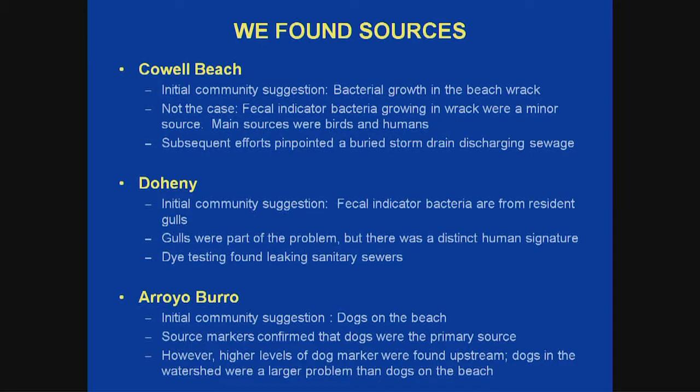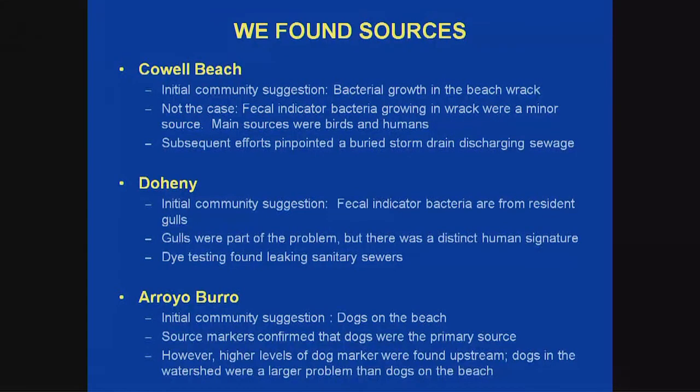Okay? At Doheny, there are thousands of resident gulls. In the summer, it's probably 1,500 to 2,000, and they go to the garbage dump and feed, and then they come back and hang out on the beach until they get enough people that they go out and kind of raft offshore. And the idea was the fecal indicator bacteria was coming from them.